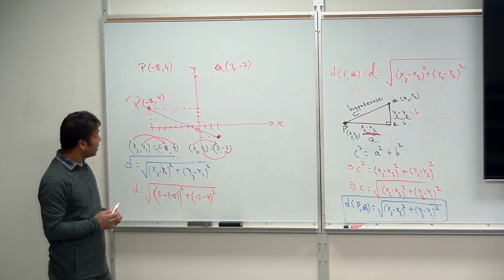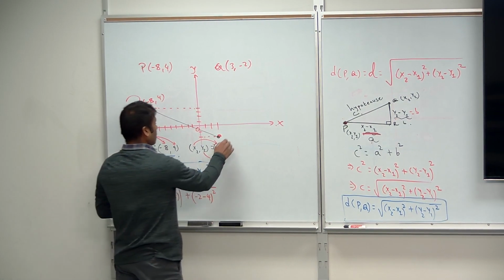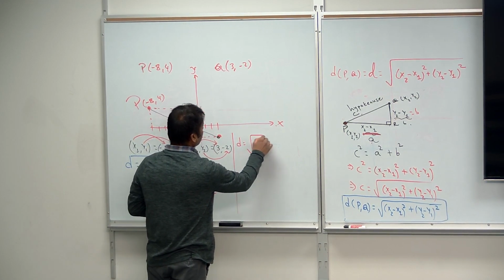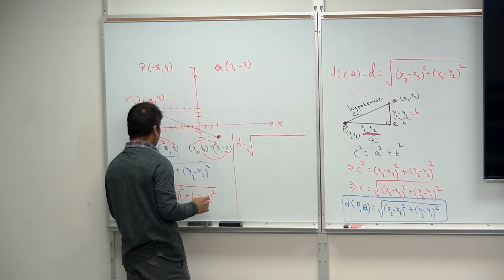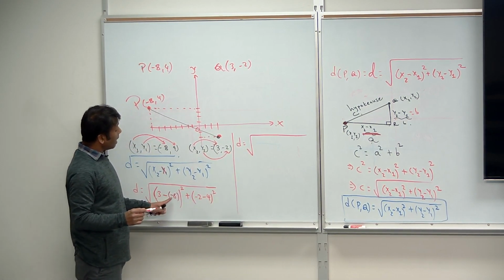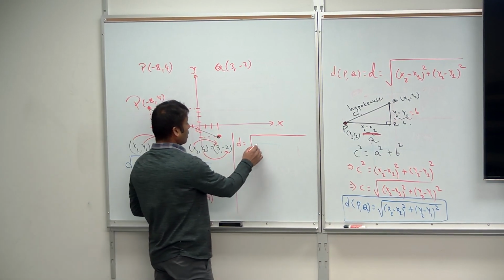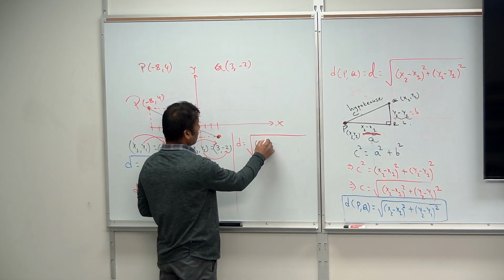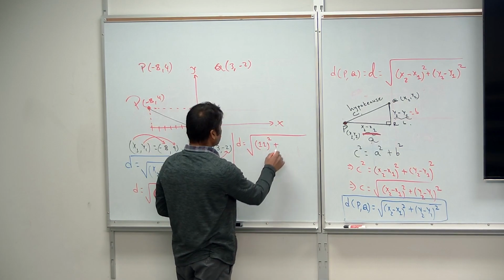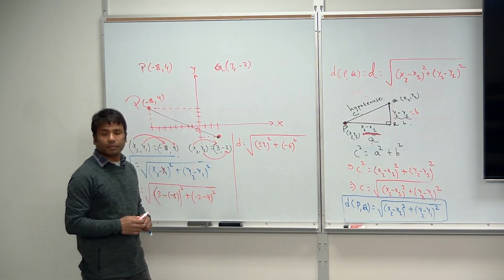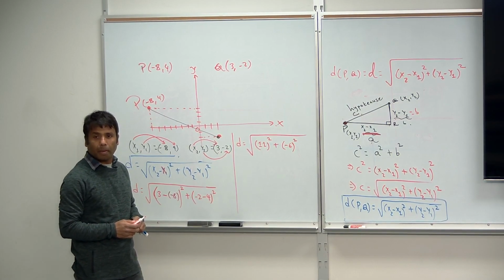So now, if we do that, the distance equals the radical. 3 minus negative 8, negative times negative is positive, so 3 plus 8 is 11. 11 squared plus negative 6 squared. Make sense?